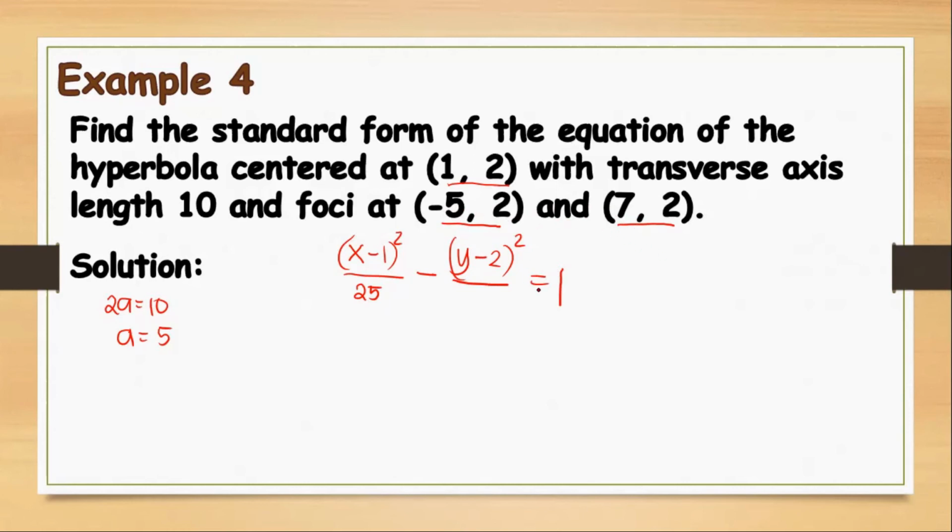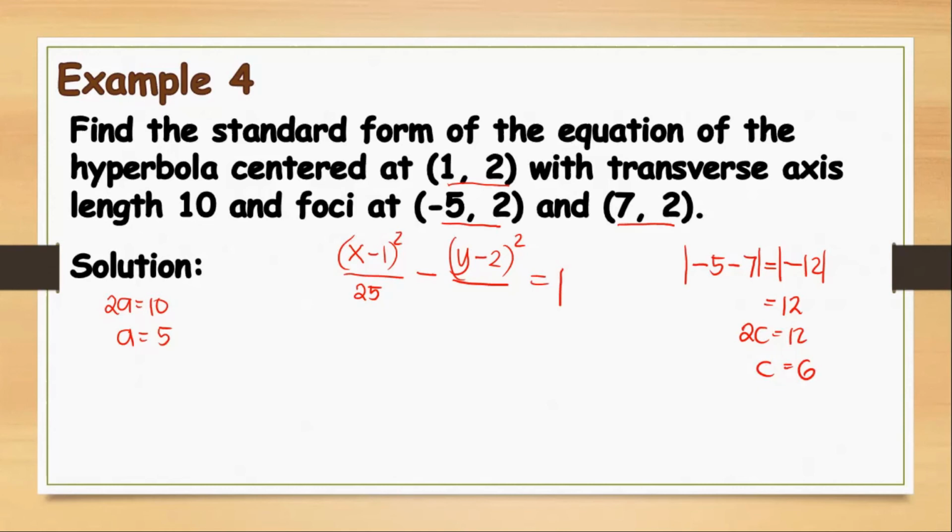That is 2c. So we have negative 5 minus 7, that's negative 12. Absolute value, because we are speaking of distance, so the distance is 12. And so our 2c is equal to 12. Therefore, our c is equal to 6.